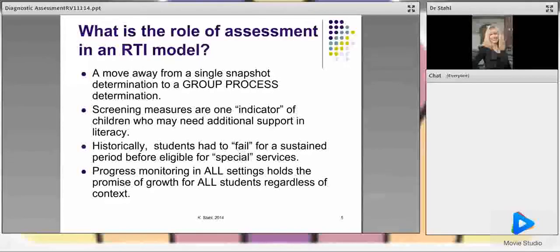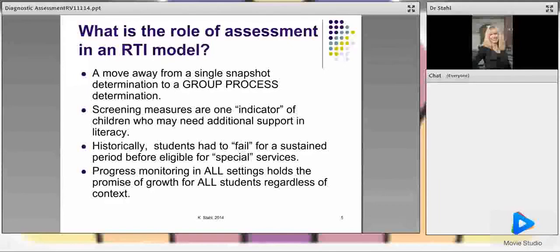The goal of RtI, or one of the two main goals, is to really move away from that single snapshot determination for special education to more of a group process, or a process that occurs over time rather than on a single day. So the assessments that we use are going to be an important element in that process. Screening measures are one indicator of children who may need additional support, and that's the preliminary way of beginning further assessments.